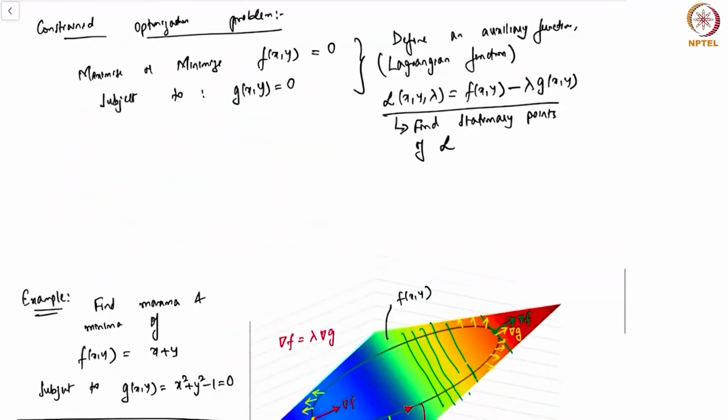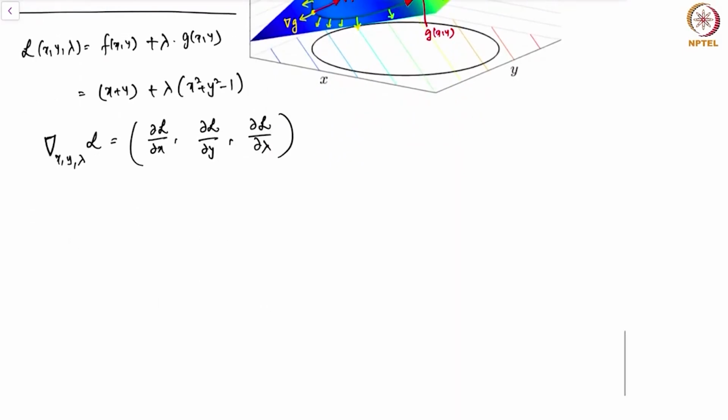Similarly, we are trying to do exactly the same thing for this Lagrangian function as well, and these derivatives essentially would be: del L by del x, that will be 1 plus 2 lambda x. Derivative with respect to y, and by the way, all the derivatives have to be set to 0, del L by del y would be 1 plus 2 lambda y, and finally derivative with respect to lambda is simply x square plus y square minus 1. All of this is equal to 0.